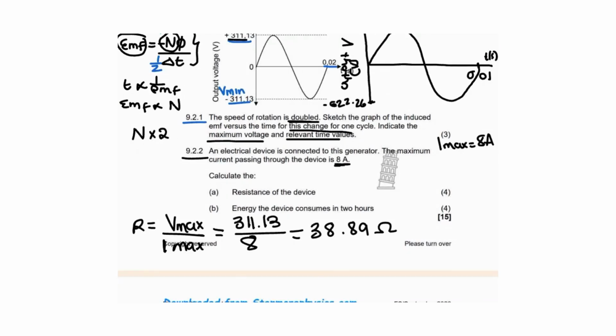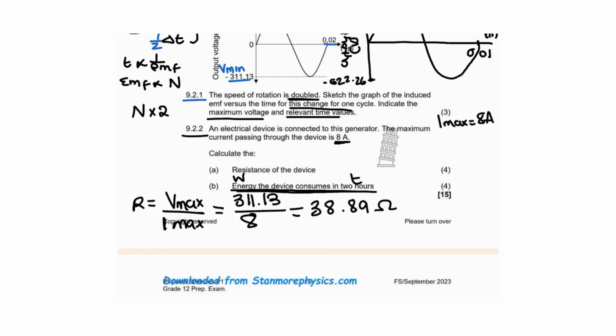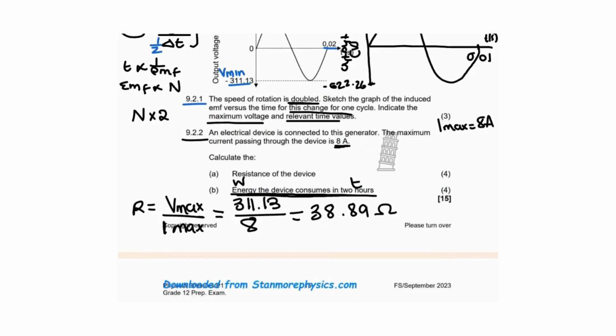And then B, calculate the energy the device consumes in 2 hours. So now they want energy. Remember, energy, guys, is work. And we also have time. So we know a formula that combines these two. We know P average is equal to work over time, but we don't have P average.